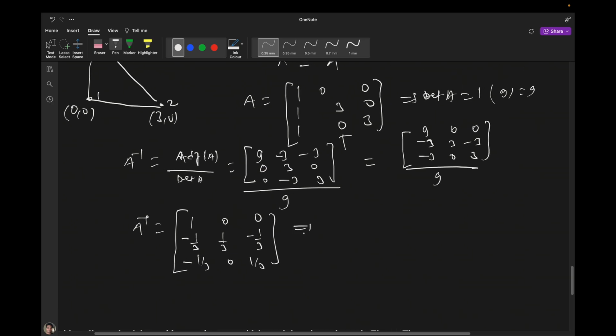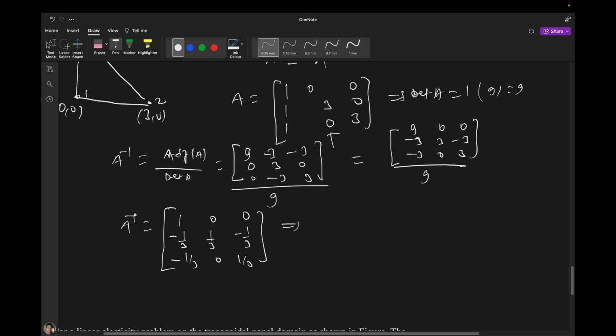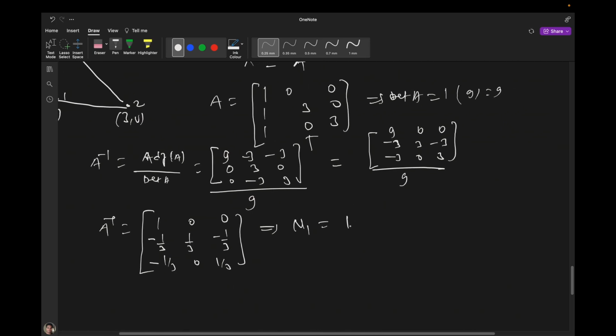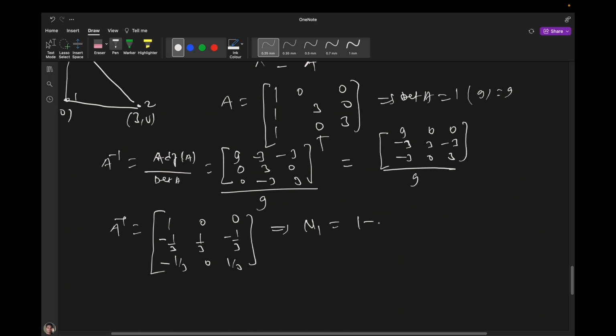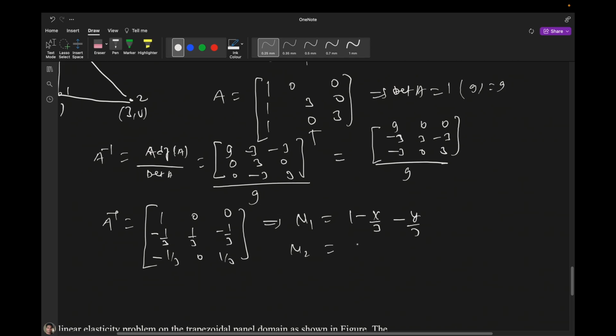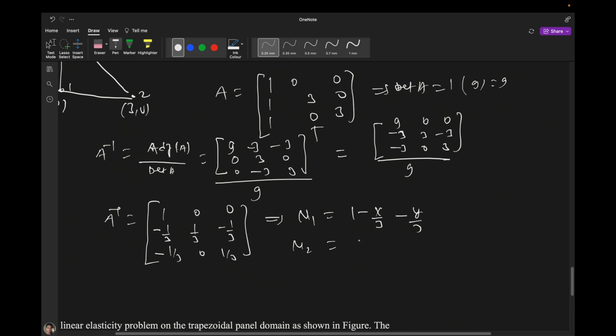So what will be the shape function? Shape function will be the transpose of that. Which means that n1 will be 1 minus x by 3 minus y by 3. And what will be n2? n2 will be this, so that will be x by 3.